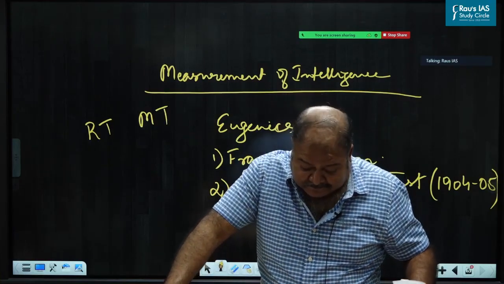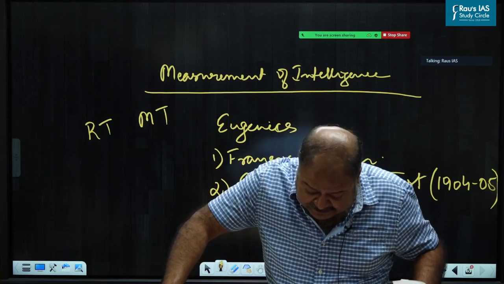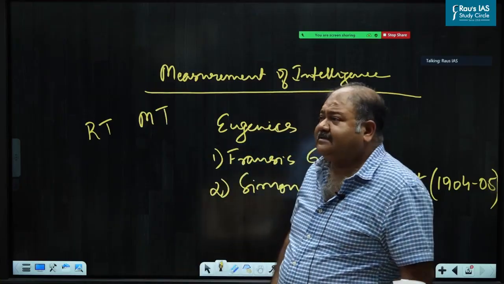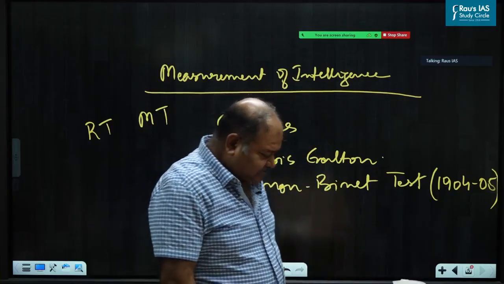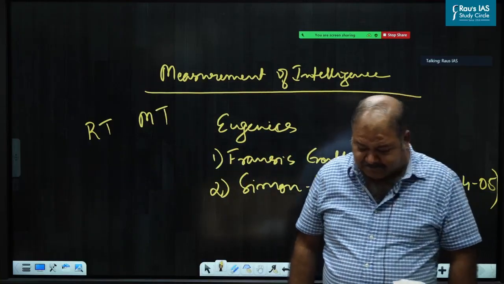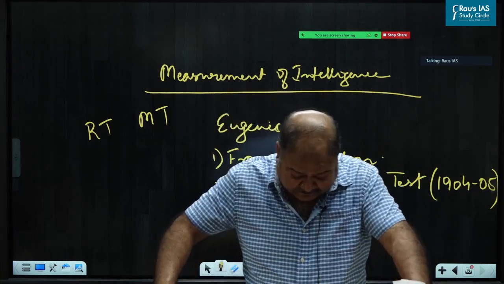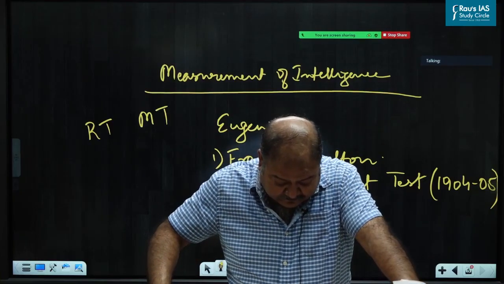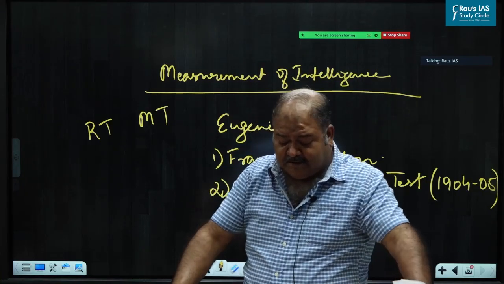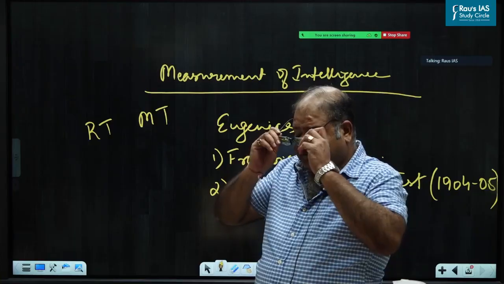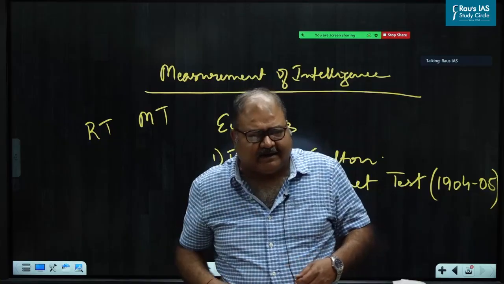Simon Binet found that delay in development of mental age in comparison to chronological age may cause mental retardation. अगर आपका ब्रेन आपकी उम्र के हिसाब से नहीं बढ़ रहा है, chronological age is your age, biological age.